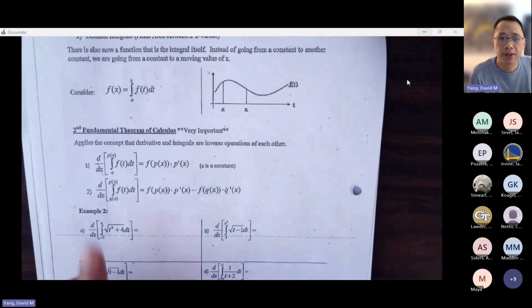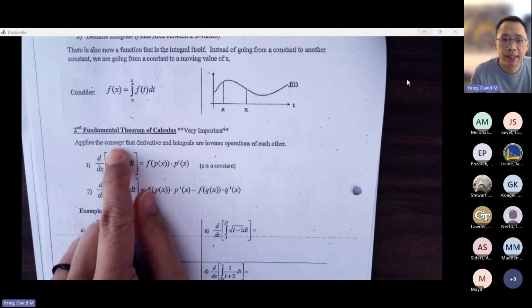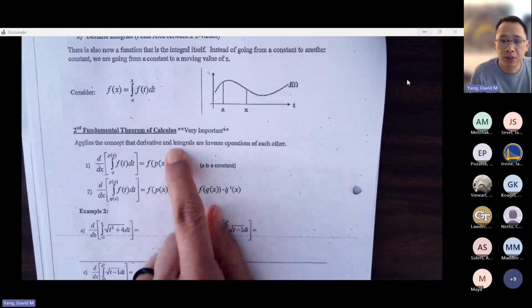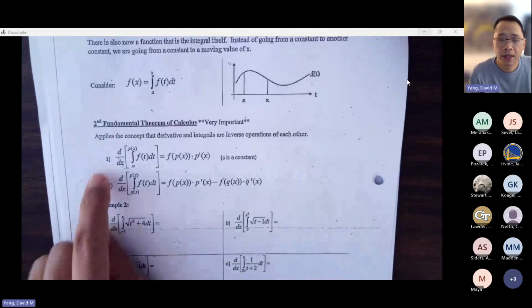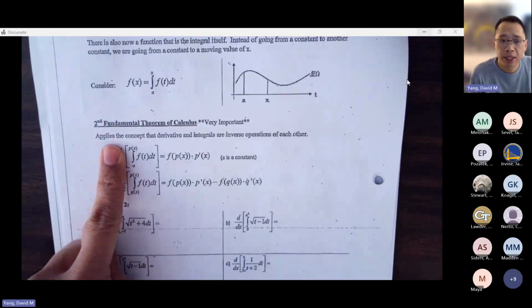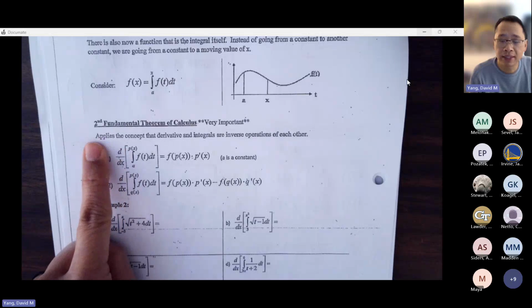So here's the second theorem. It applies to the concept that derivatives and integrals are inverse operations of each other. Let's say we have an integral of f of t dt, and then we took the derivative of that definite integral.